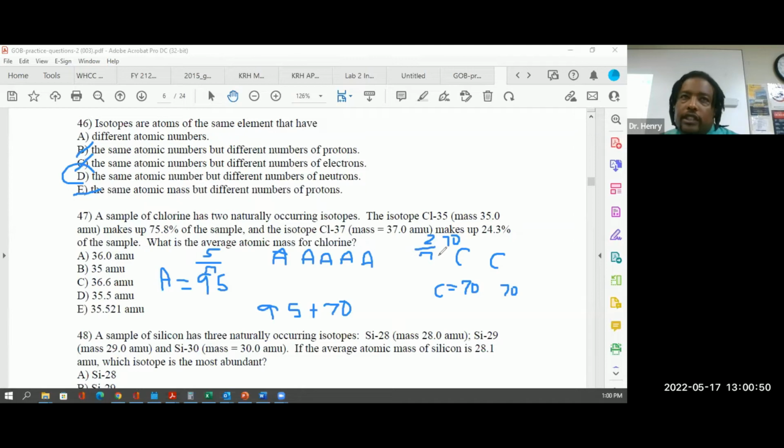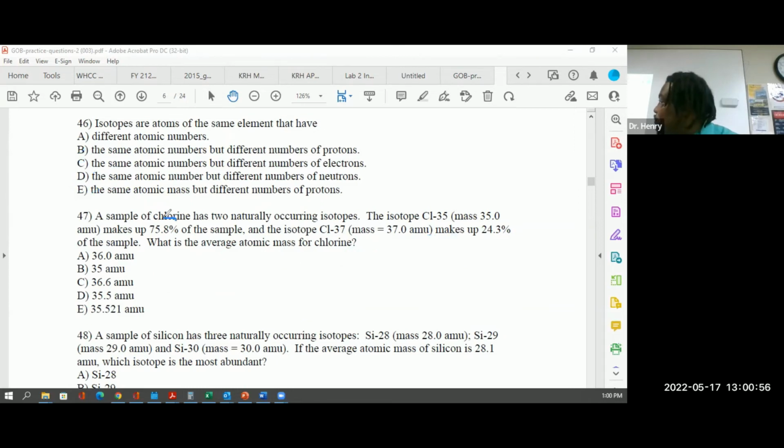Okay, so this is going to be kind of the same way. Here we have the percentage that is mass 35, so we need to change that percentage to a fraction or a decimal.